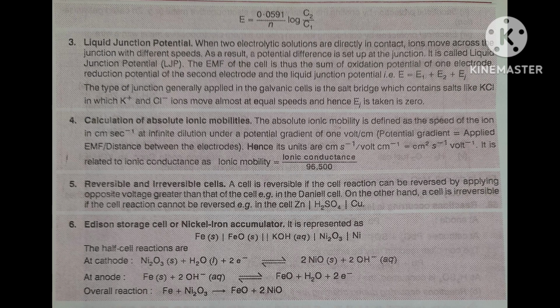And volt down will go up, then it will be per volt. Hence the unit of absolute ionic mobility is centimeter square per second per volt. You remember, if the question is asked, the unit of absolute ionic mobilities is centimeter square per second per volt.